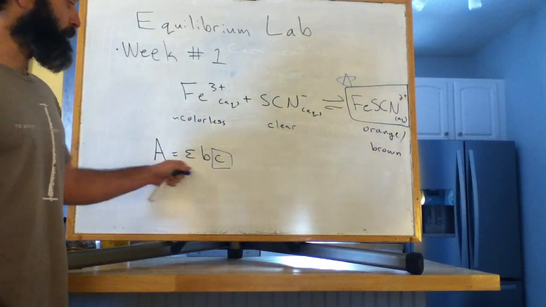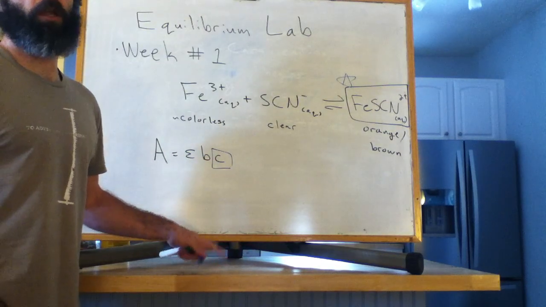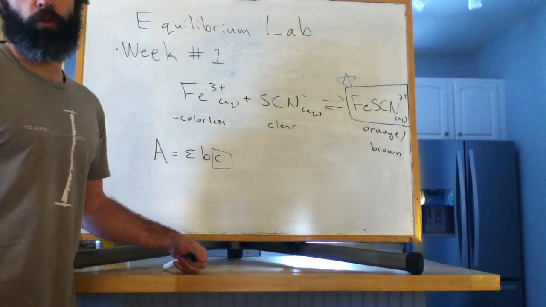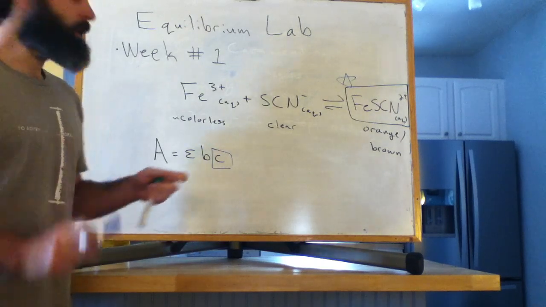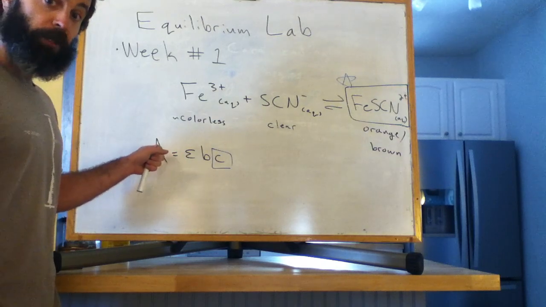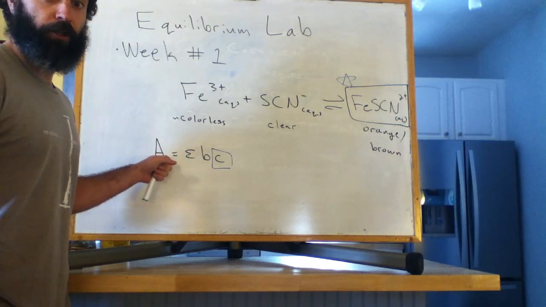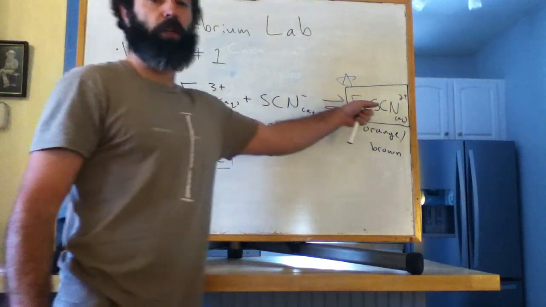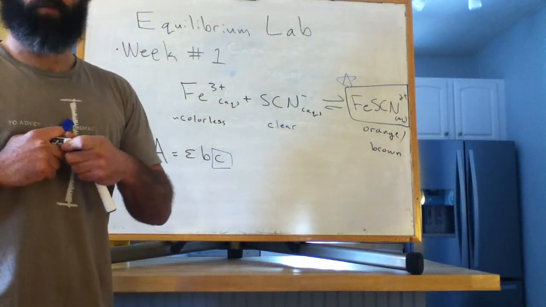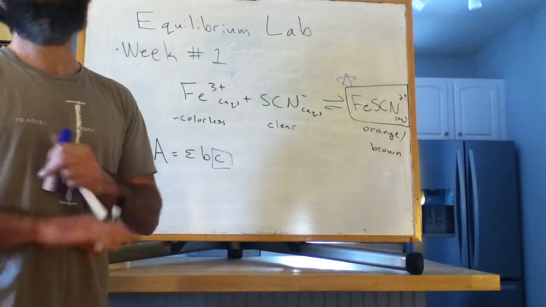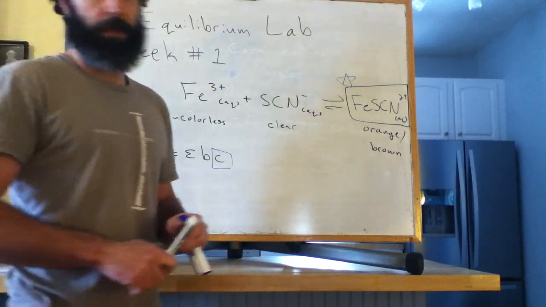Remember, absorbance does not equal concentration, but it's directly proportional to it. So the whole goal of the first week's experiment is to figure out the relationship between an absorbance value we're going to measure and the concentration of this product. To do that, we're going to make standards and construct a calibration curve, exactly like we did in the kinetics experiment.